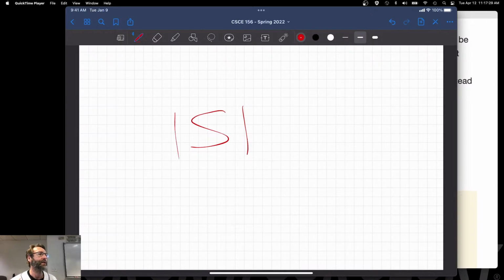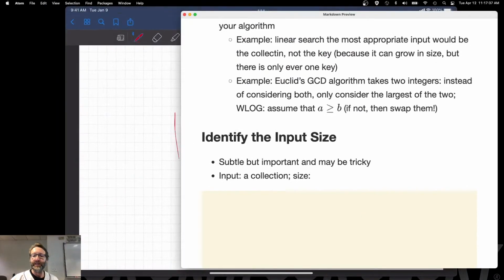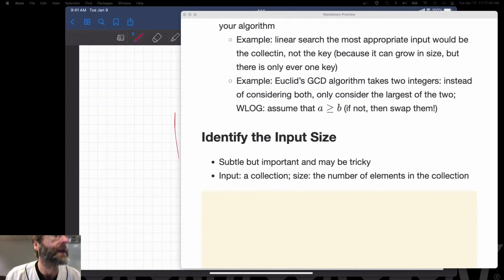What is that called? Cardinality. That's the technical term. Don't worry about it. It's the size. Size is the number of elements in the collection. It's not necessarily a set. It could be a dictionary, it could be a map, it could be a list, et cetera.